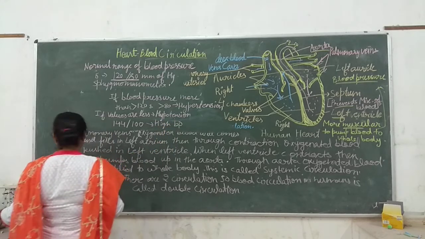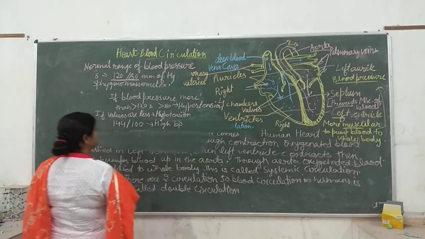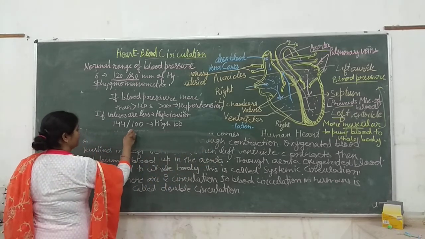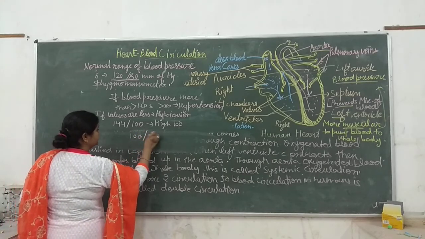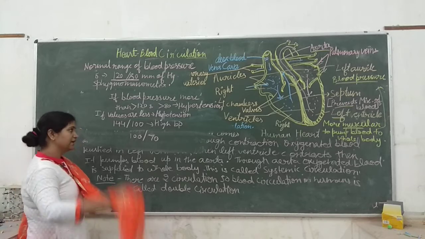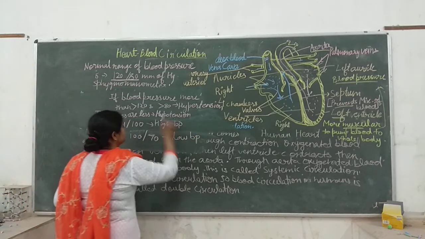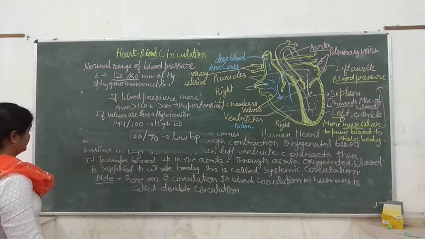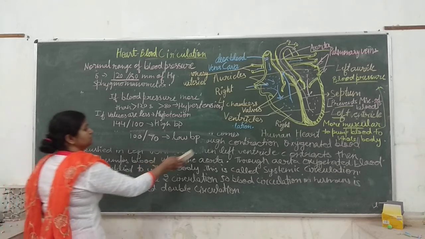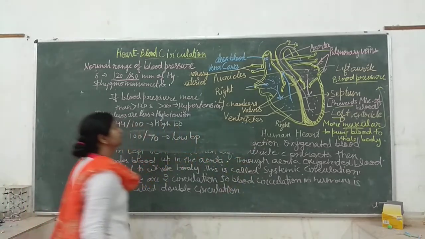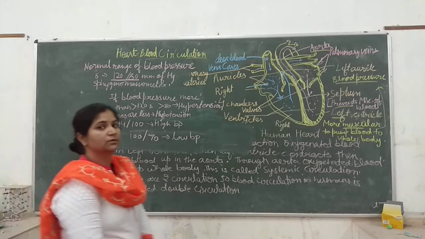And if another person's BP is 100 and 70, we can say that it is low BP, because both values have dropped. So the person is suffering from low BP. These are the problems faced by the heart, called heart problems.